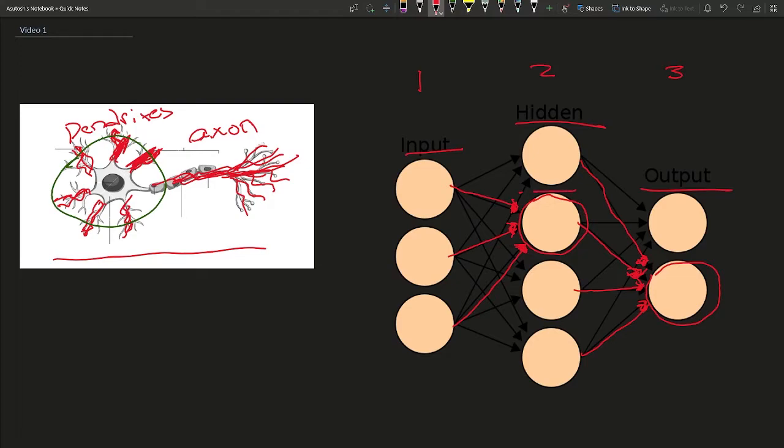This neuron is dependent on n number of neurons in the input, and we have 3 neurons in the input, so this one right here has 3 connections coming into it, as well as these ones. And that's the second observation: every single neuron is interconnected to the neurons in the layer that is behind it.